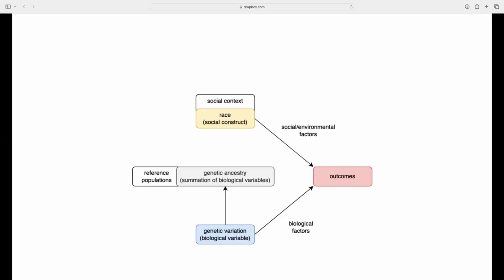This idea that genetic ancestry is essentially a relative quantity gets lost in these discussions a lot. Anytime we're analyzing ancestry, we first have to define some set of reference groups, and then we ask, are you more related to this reference group versus this other reference group?